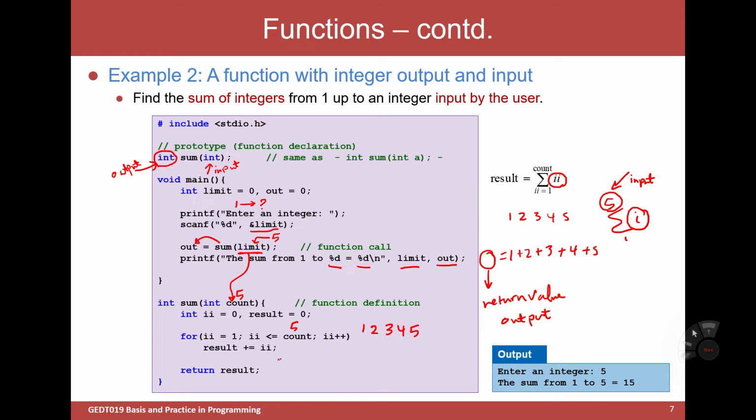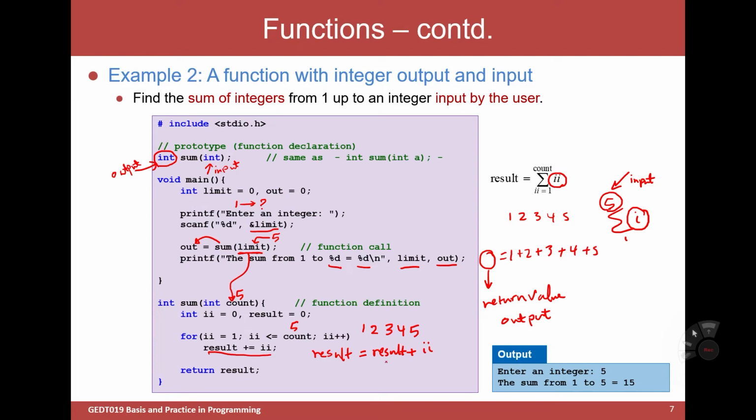So every time, do what? Make a result variable. What's the meaning of this one? This one means result equals the old result plus i, the new value of i. So the first time, result equals 0 plus 1.